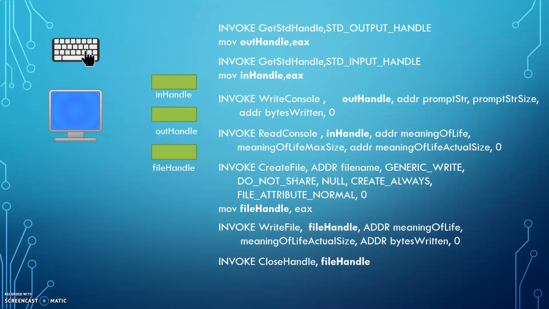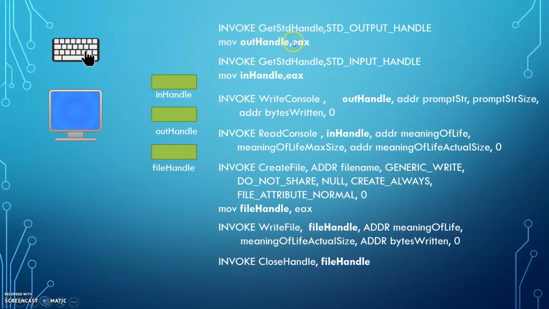Let me step through this right now. GetStdHandle will load in the EAX the handle of what we're looking for. In this case, the output handle, meaning the console.